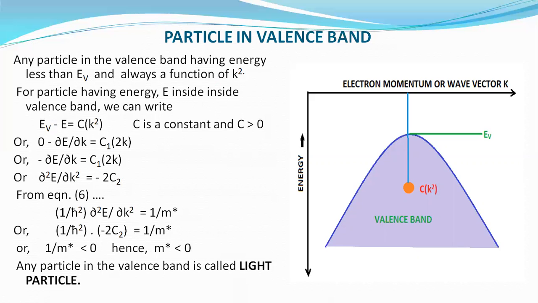So if you put the same value in equation number 6 again, you will have m star less than 0, meaning any particle inside the valence band appears as a light particle. This is called a light particle, and it has some tendency to gain some energy from somewhere and jump to the conduction band.